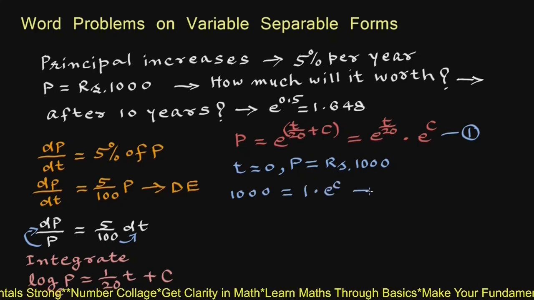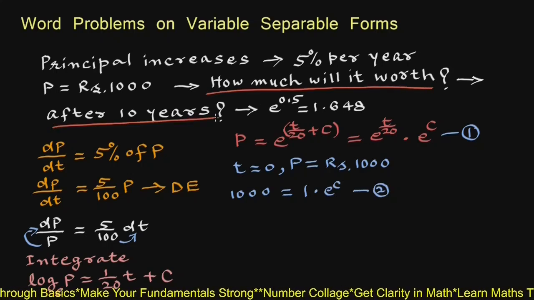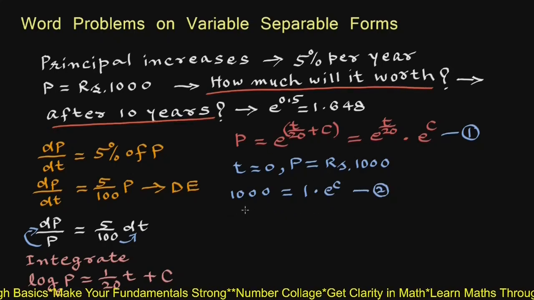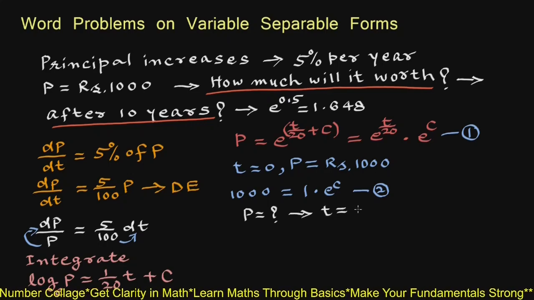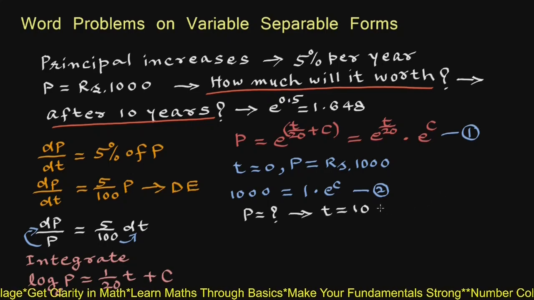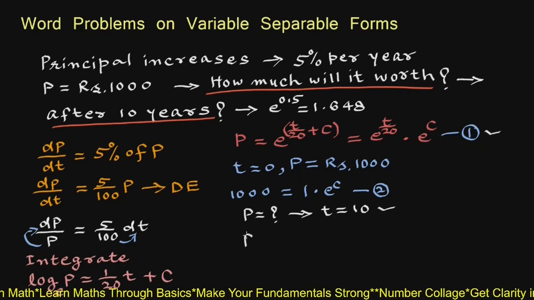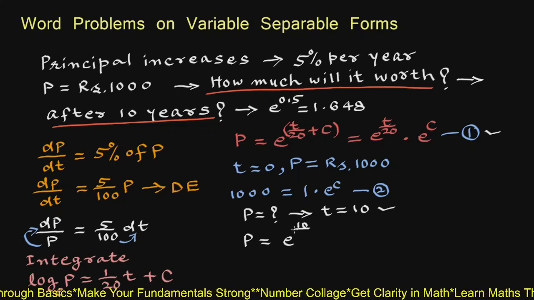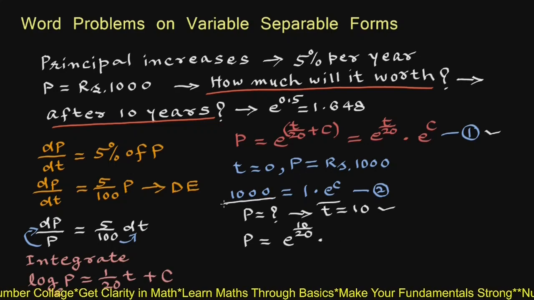We name this equation 2. We have to find how much it will be worth after 10 years. We have to find the principal after 10 years, meaning when t is 10. So putting these values in equation 1, it will be p equals e raised to 10 upon 20 into e raised to c, but e raised to c is 1000.